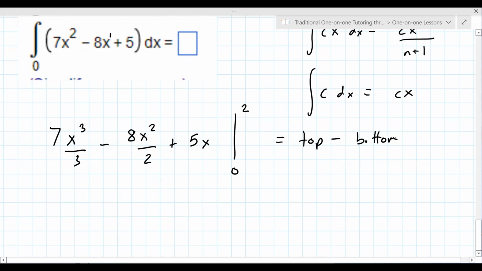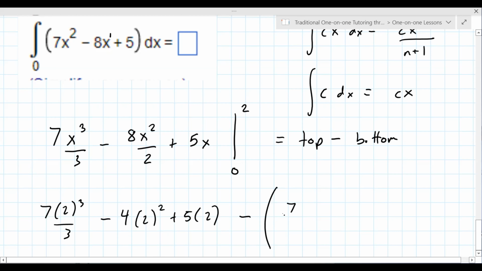You evaluate at the top, so you put that 2 in for x. 8 over 2 is really 4, times 2 squared, plus 5 times 2, minus, and then the bottom. The bottom's all in parentheses. So it's 7 over 3 times 0 cubed, minus 4 times 0 squared, plus 5 times 0. And 0 times anything is 0. So everything on the right becomes 0. That does often happen in these problems.